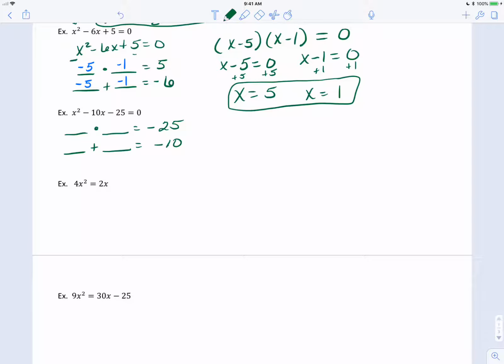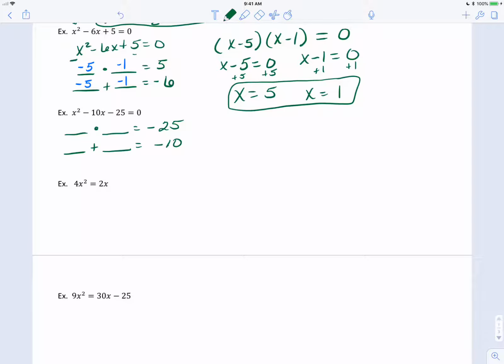So what times what is negative 25 that adds up to negative 10? We only have factors of negative 25.